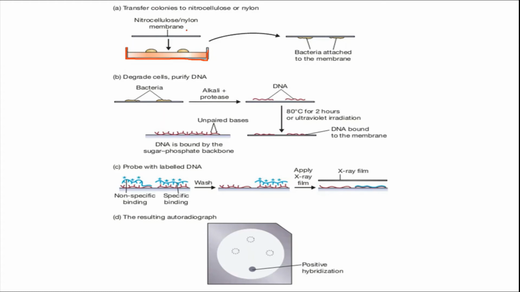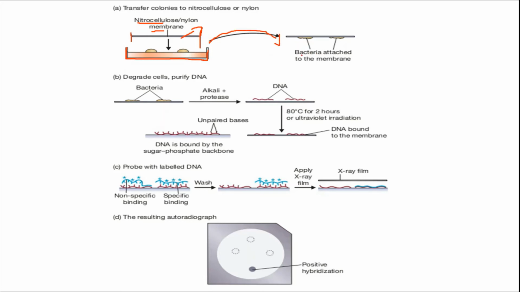First we take a replica plating using a nitrocellulose membrane. This is a sterile nitrocellulose membrane. Just touch it to the surface of the plate, then transfer it to another surface.